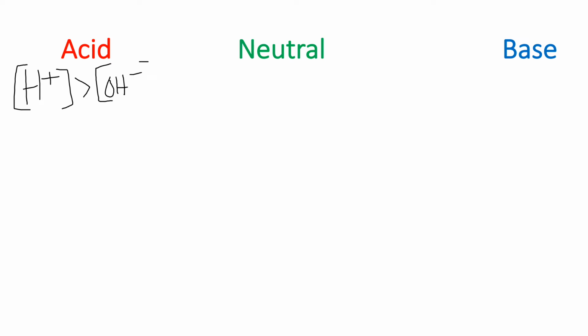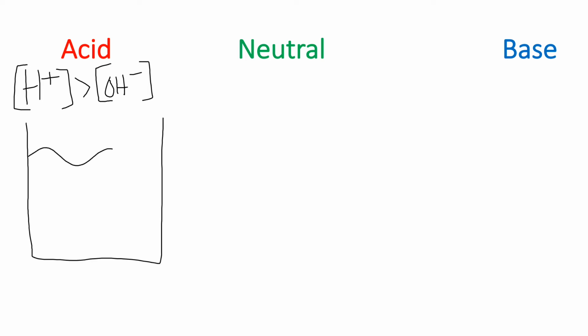So acidic solutions have a greater concentration of H plus ions. And what that'll look like if you have an aqueous solution is you have a bunch of H plus ions floating around the solution, very few OH ions. So you have more H pluses floating around in the solution than anything else.